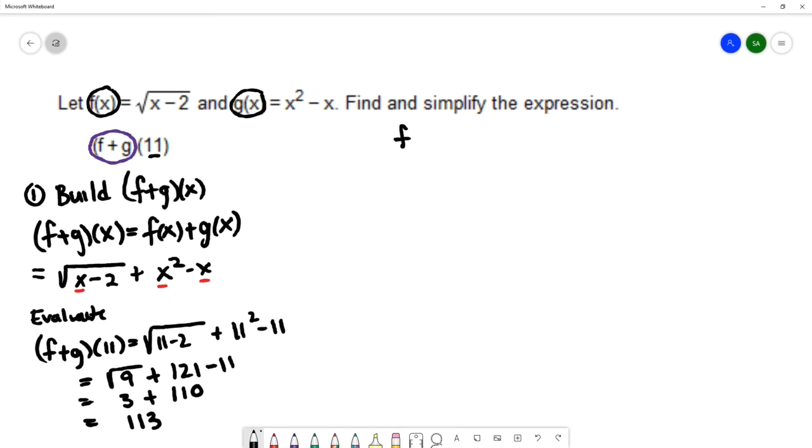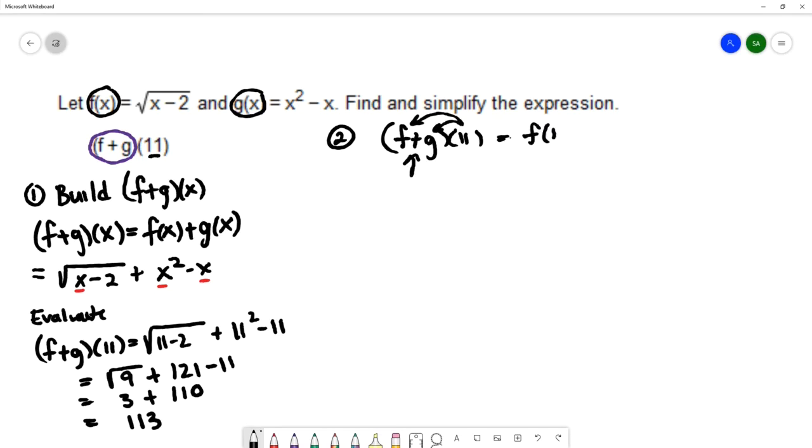In this other approach, we start with f plus g of 11. This is the second approach. And what we're going to do is substitute this 11 into each individual function and then do the operation that is mentioned here.